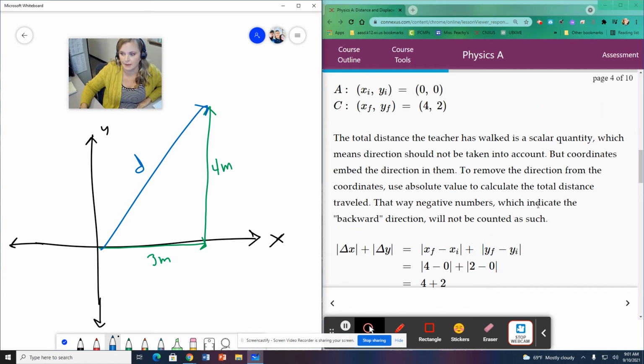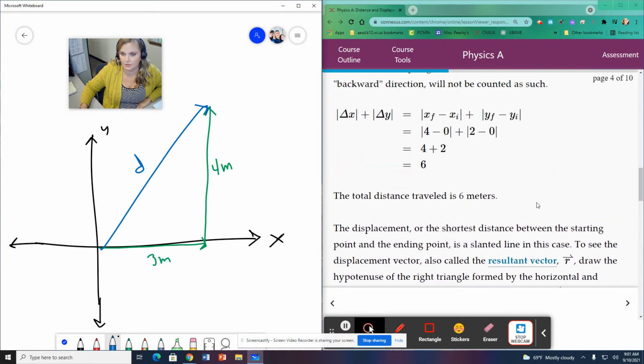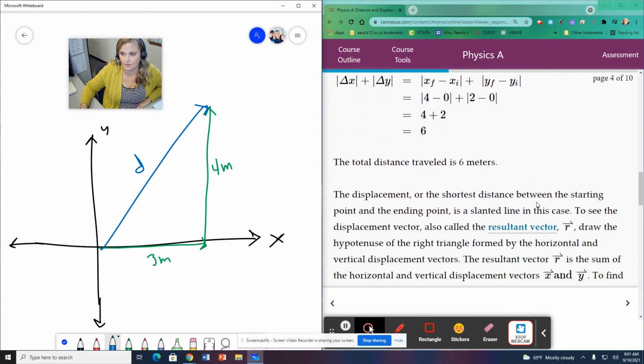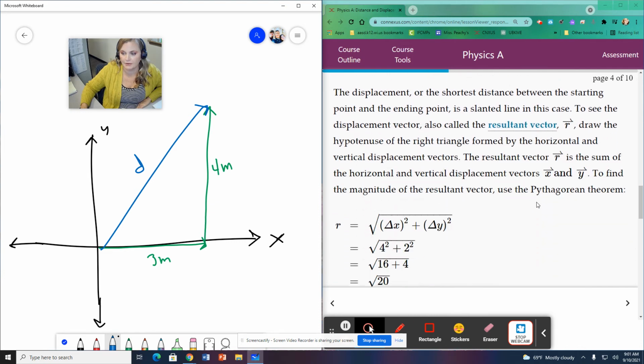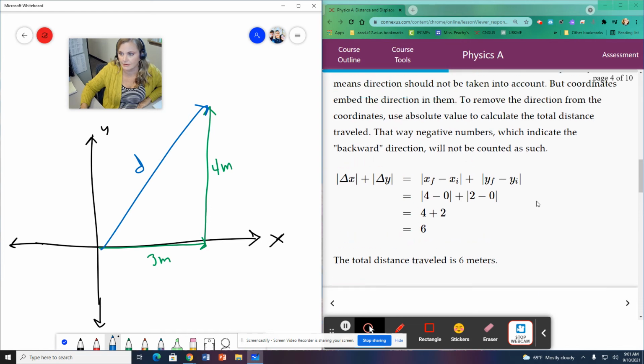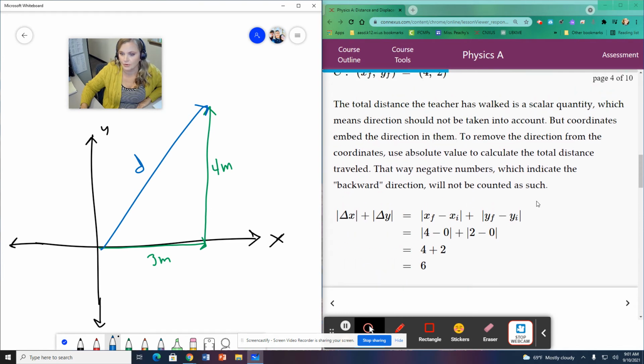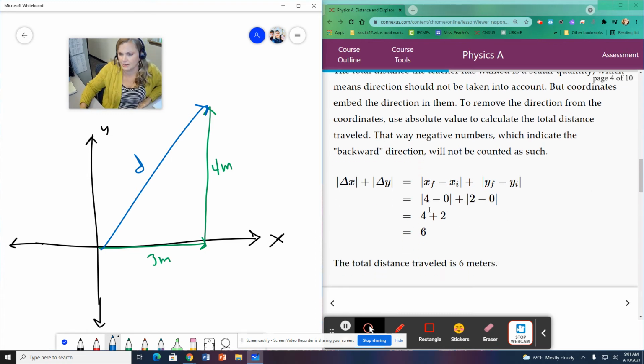All right. So basically, what you can do here is, well, they use different numbers, but you can do the Pythagorean theorem to figure out your total displacement. So here, we started at 0 and we went to 3 meters, right? So we have 3 meters there. So they're going through this whole step here, which you can do, I guess.